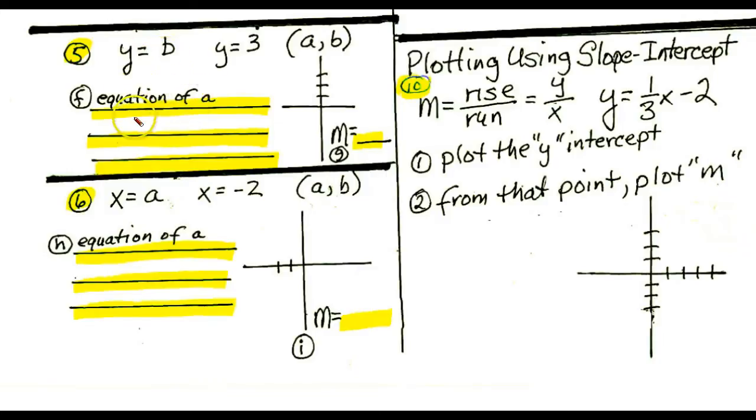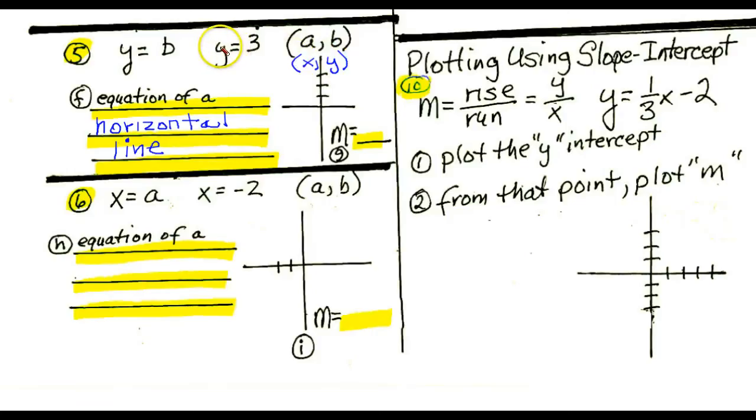If anyone knows, it's the equation of a horizontal line. Now, an interesting thing too is we sometimes see the ordered pair, instead of being written as x comma y, can be written as a comma b. And the b refers to the y coordinate.